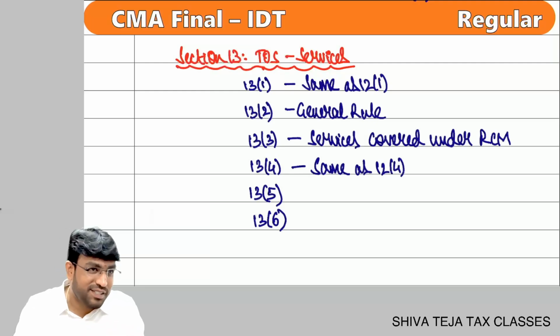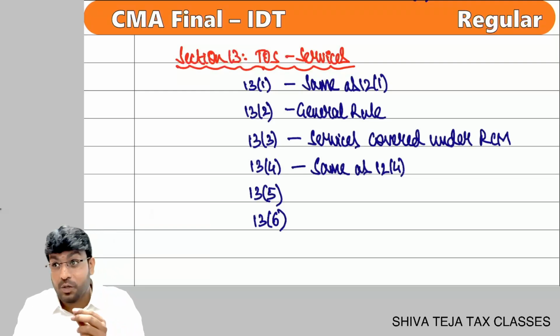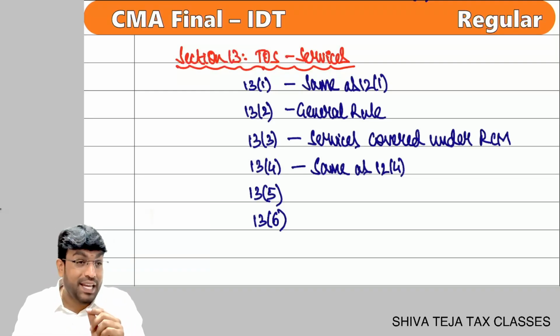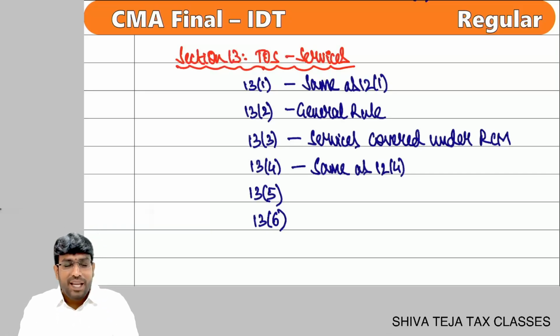The pizza is a service. Packed water bottle is a good, because it's pre-packaged and labeled. Remember, did we learn something about 25 kgs? More than 25 kg, exempt. Less than 25 kg, pre-packaged and labeled, taxable. If it is not pre-packaged and labeled, exempt.